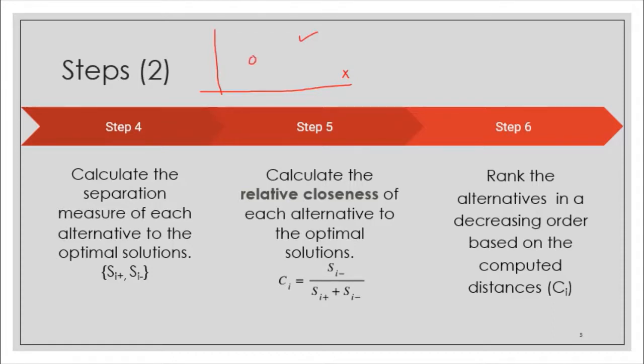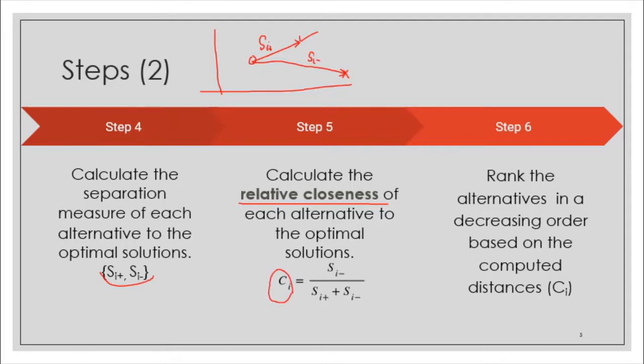What we're trying to do in this step is calculate the distance that separates this alternative from the ideal best solution, and this value will be denoted by Si plus, and the distance that separates this alternative from the ideal worst solution as well, and this value will be denoted by Si minus. Then we'll use those computed values to determine the relative closeness measure, which is denoted by Ci.